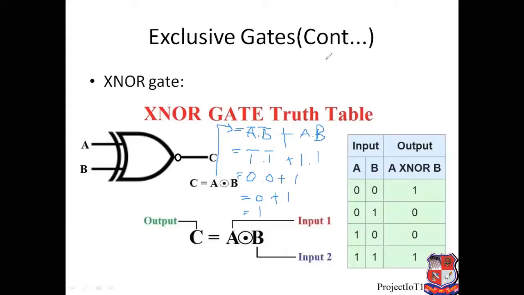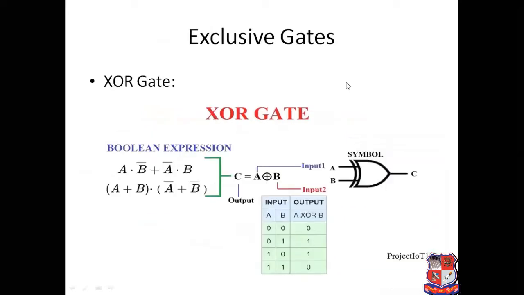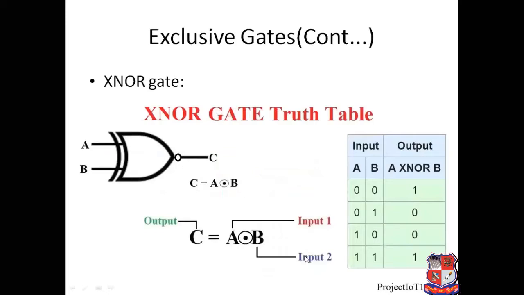So here you can observe that if both the inputs are the same, then your output should be high. Otherwise it is 0. And same you can check in XOR gate. If both the inputs are 0, then your output should be 0. Otherwise it is high. So XOR gate and XNOR gate are a complement of each other.